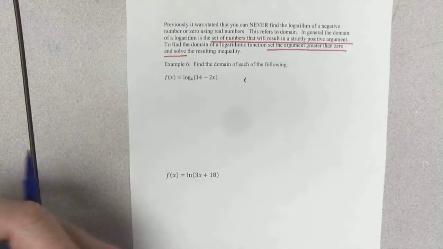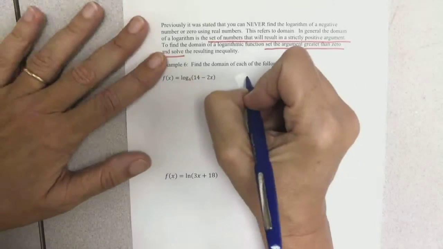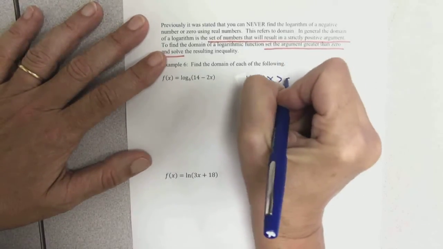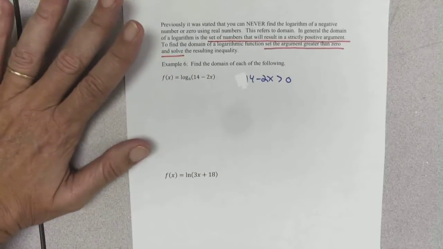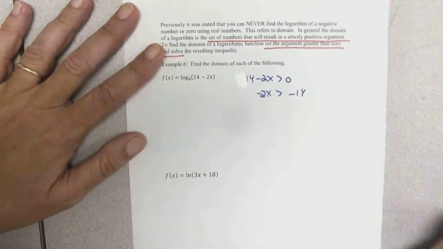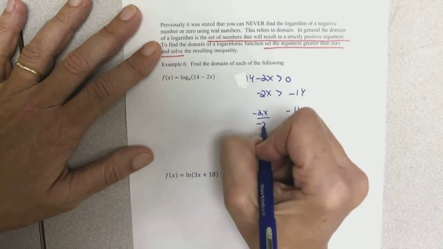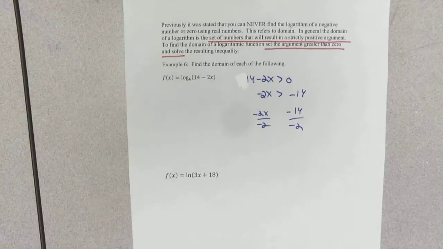So 14. Take that argument, set it strictly greater than 0, and solve. So that's -2x is greater than -14. And one of the reasons we really want to do this problem: get that x alone, divide both sides by -2.